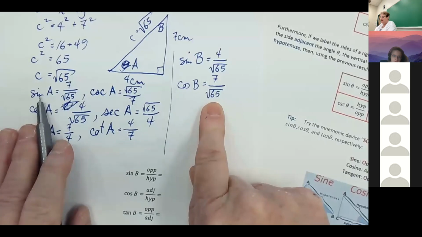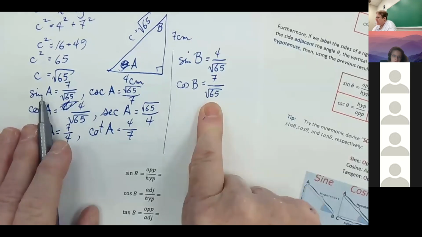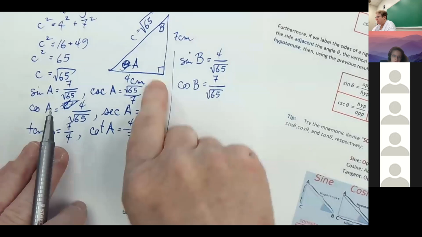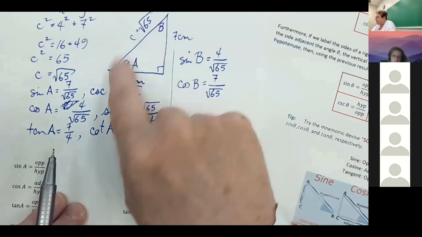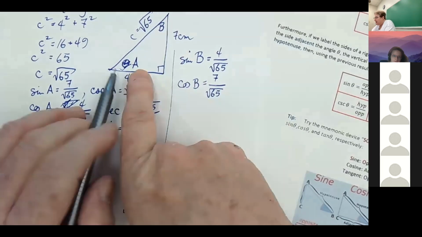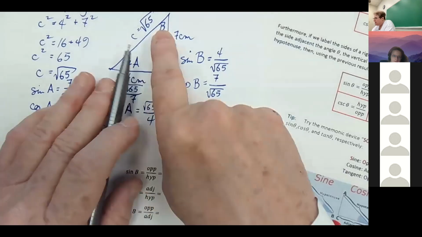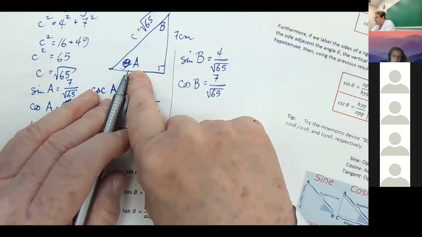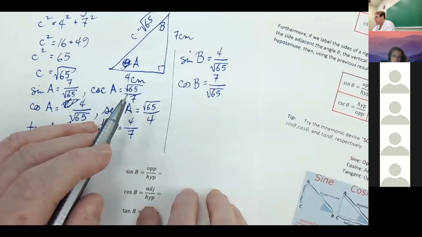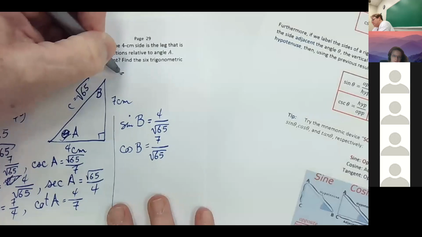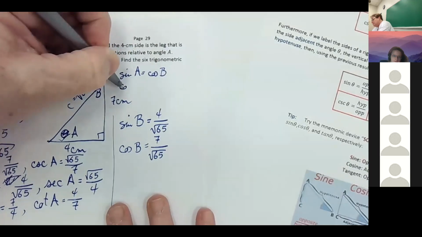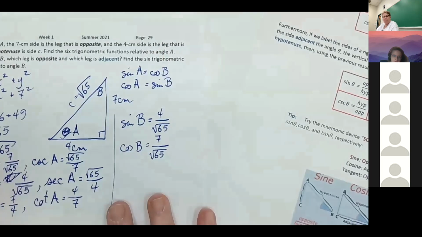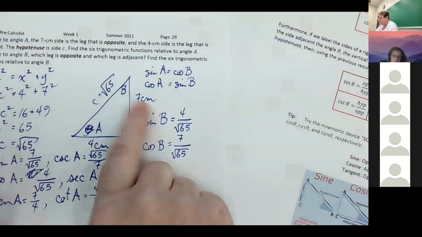That always works. If you have two angles in a right triangle, they flip sines and cosines. The sine of A equals the cosine of B, and the cosine of A equals the sine of B. And everything else comes from those.